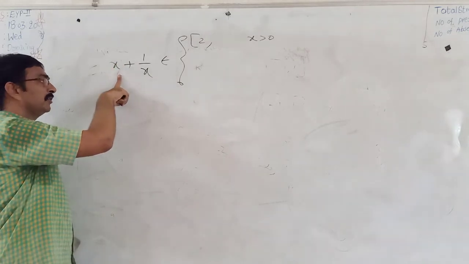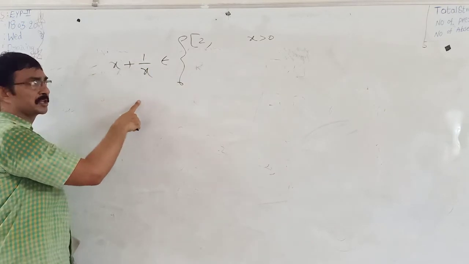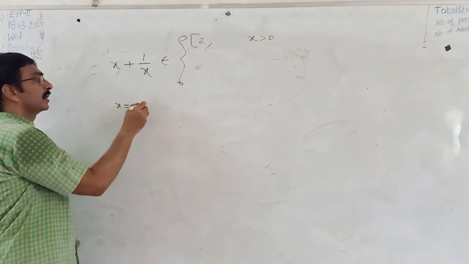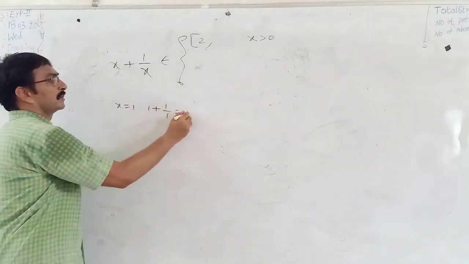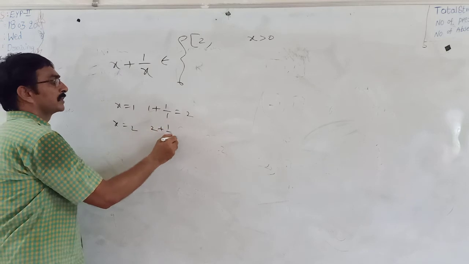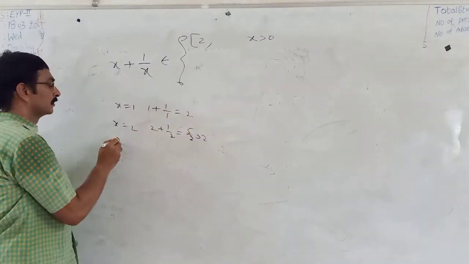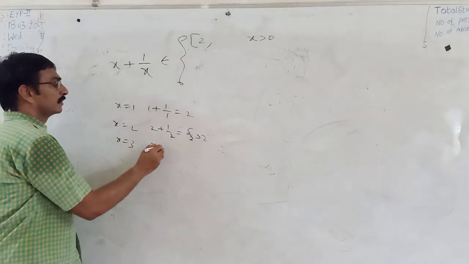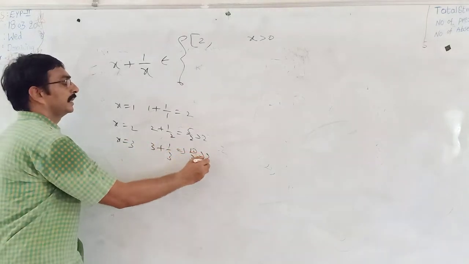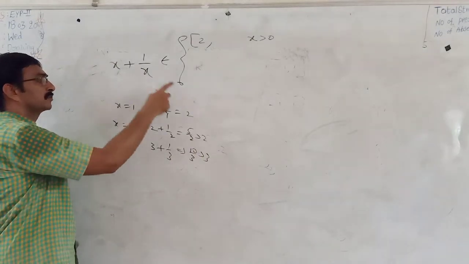Any value other than 1, that value of x plus 1 by x must and should be greater than 2. When x is 2, 2 plus 1 by 2 is 5 by 2, greater than 2. When x is 3, 3 plus 1 by 3 is 10 by 3, and so on.